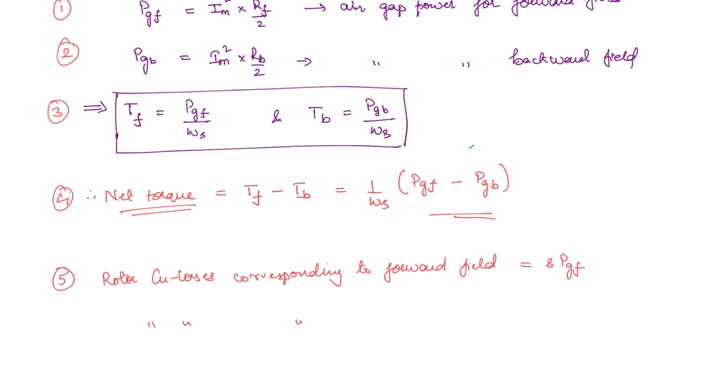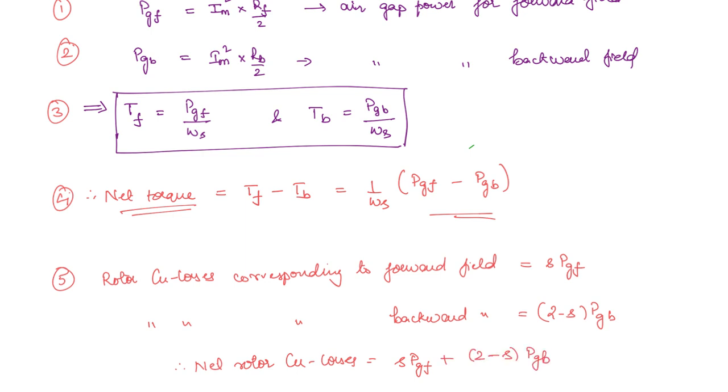Rotor losses corresponding to the backward field: what will be the slip here? It is 2 minus s times PGB. So the net rotor copper losses will be equal to s times PGF plus (2 minus s) times PGB.